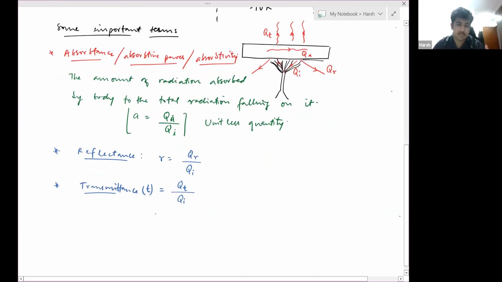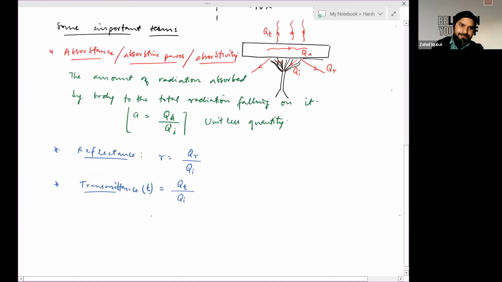So using conservation of energy, Q absorbed plus Q reflected plus Q transmitted will be equal to the total amount of energy incident on it.